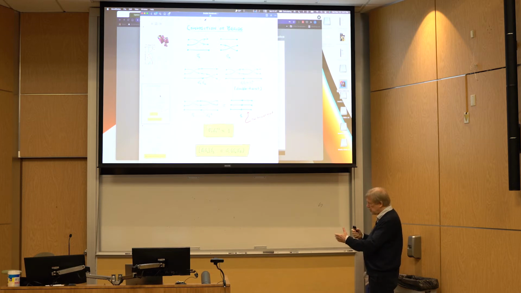If you put braids together, it doesn't matter whether you put the first two braids together and then you tack on the third, or whether you put the second and third braids together and then you tack one onto the beginning of that. So this is something very familiar to us. This is the associative law for, imagine those are numbers, the associative law for multiplication. And it's going to be the associative law for multiplication of braids once we have our braid group.